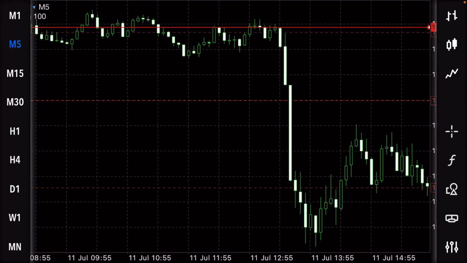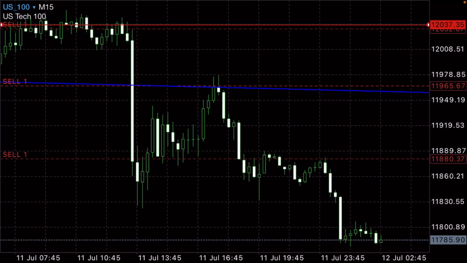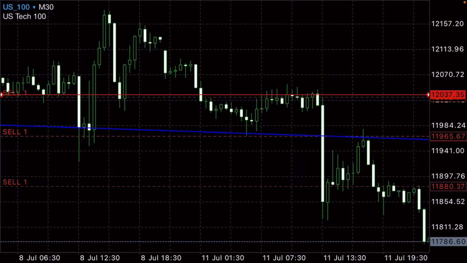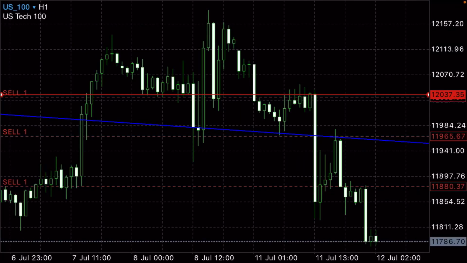Of course, this was in view of the longer time frame; I wasn't analyzing based off the 5-minute chart alone. This was based off the analysis on the higher time frame, on the 1 hour, and also on the 4 hour, mostly 1 hour.